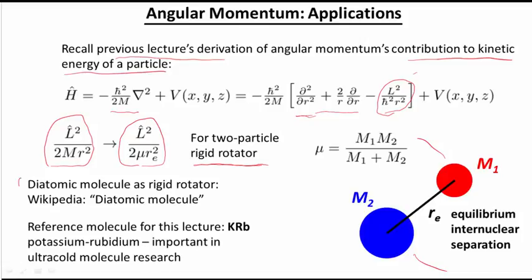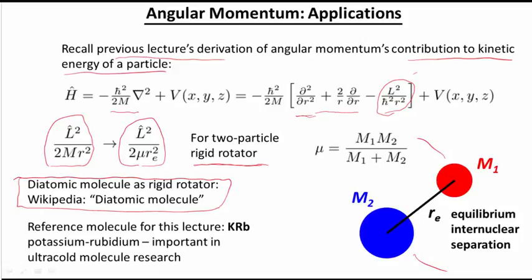It turns out that this is a rather good approximation for the rotational motions of molecules, which are very important in, say, thermodynamics of gases. The rotational mode of a molecule is sort of the lowest energy mode beyond just simple translation.